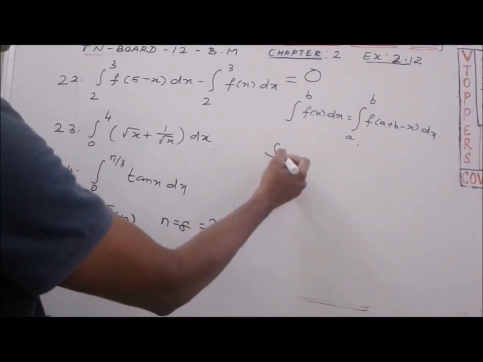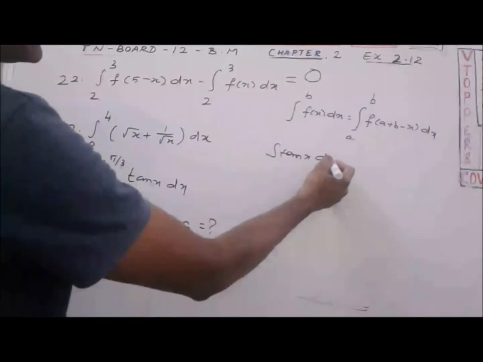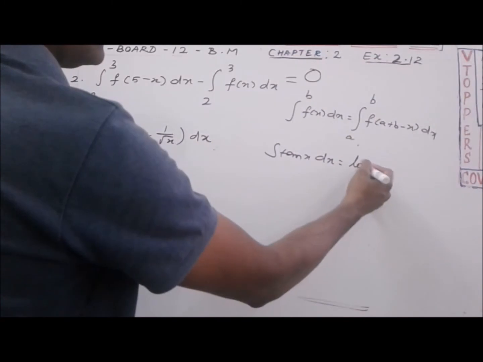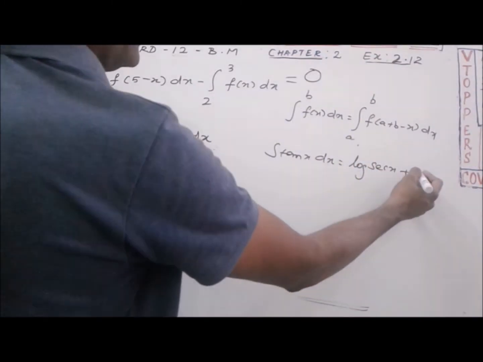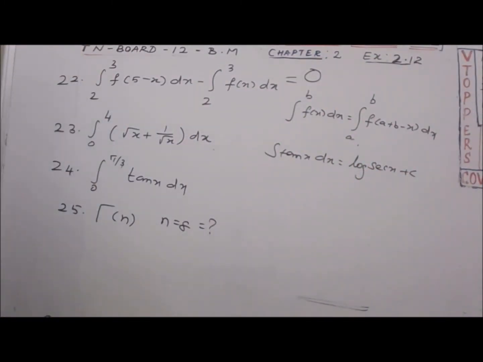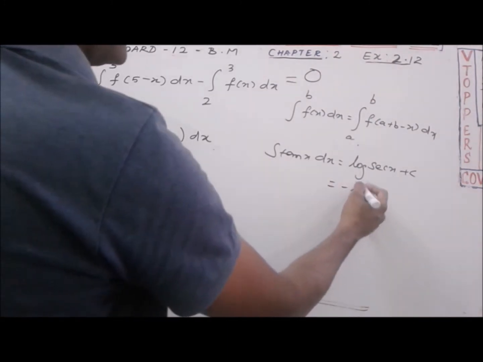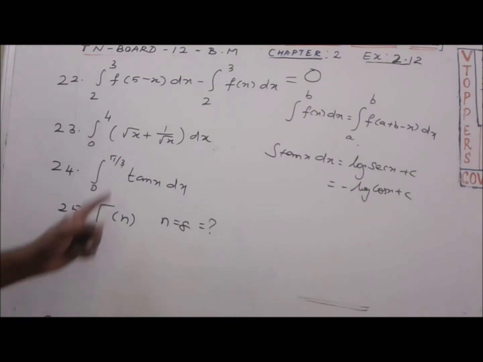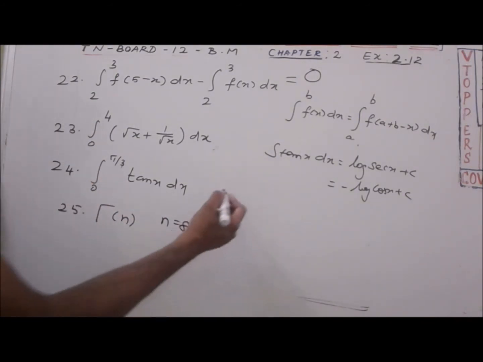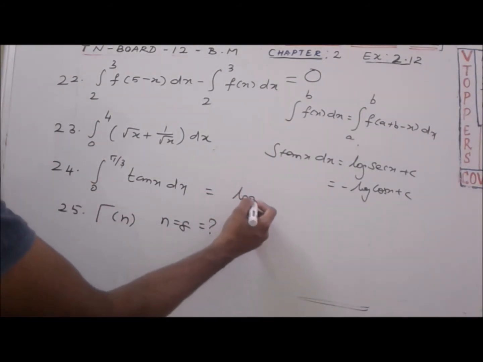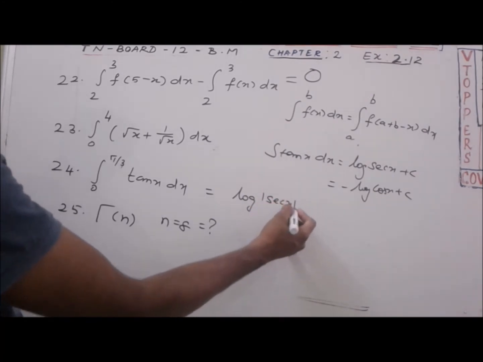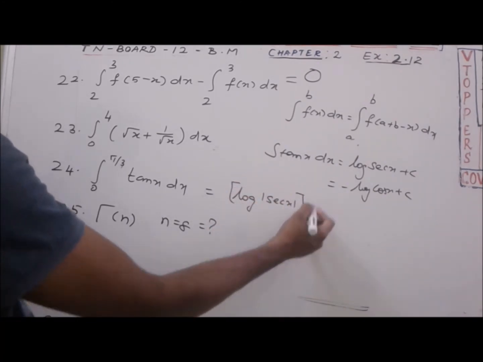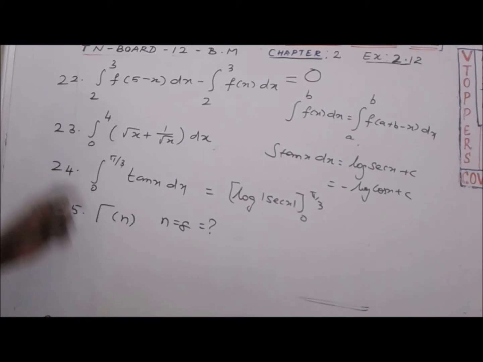Integral tan x dx is equal to, you can directly write it as log of secant x plus c or minus log cos x plus c. So here integral tan x is given, which is equal to log of modulus of secant x, limit 0 to pi by 3. I have taken secant x here.